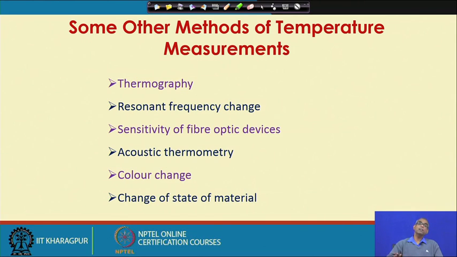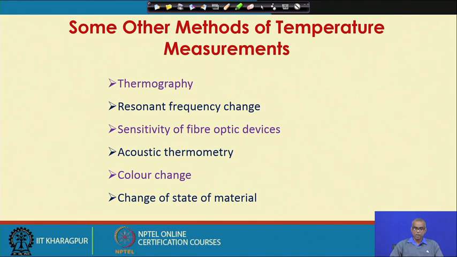So, basically what you do, you take several cones which melt at different temperatures. That can be done by making various cones of various materials, or we can take ceramic materials and by varying compositions we can vary their melting points. So, by putting various cones to a high temperature source, I can see which cone melts and I can have an indication of the temperature of the medium.